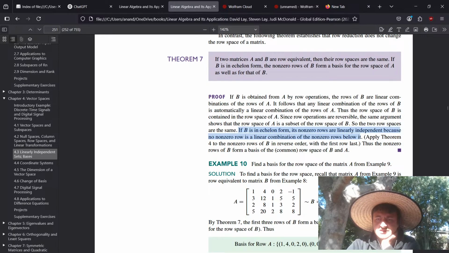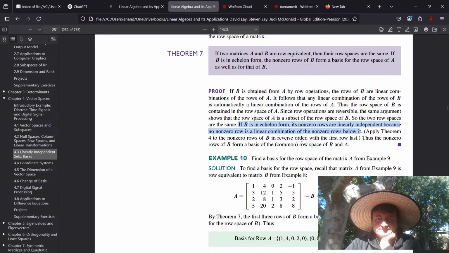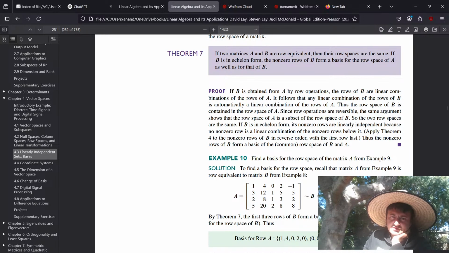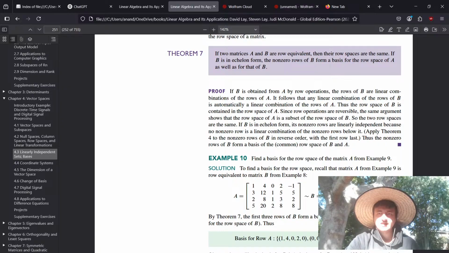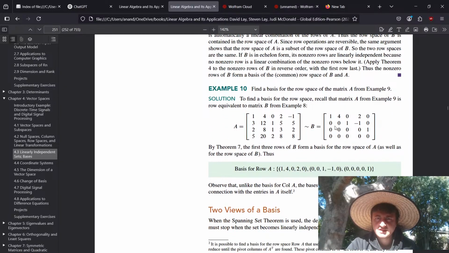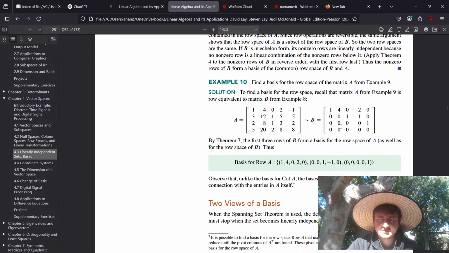Right, because all the pivots, yeah. Thus, the non-zero rows of B form a basis of the row space of B and A. All right, example 10, find a basis for the row space. Okay, so they reduce it, and then you just take these first three.